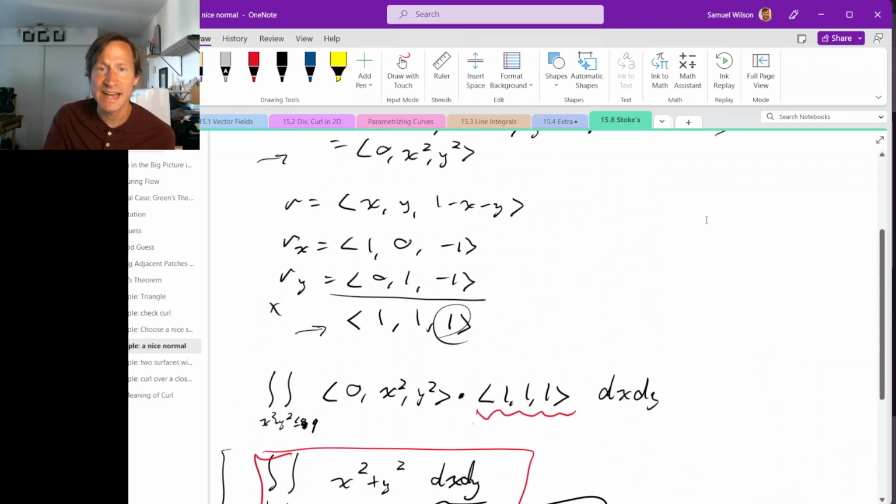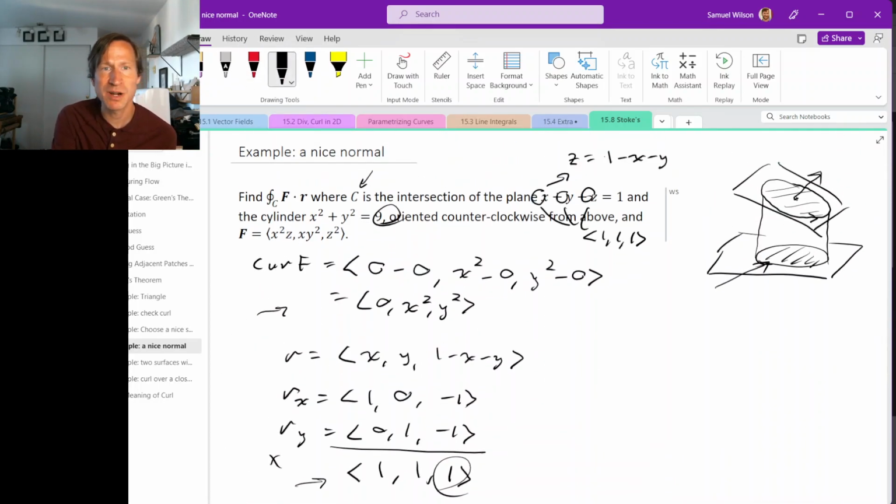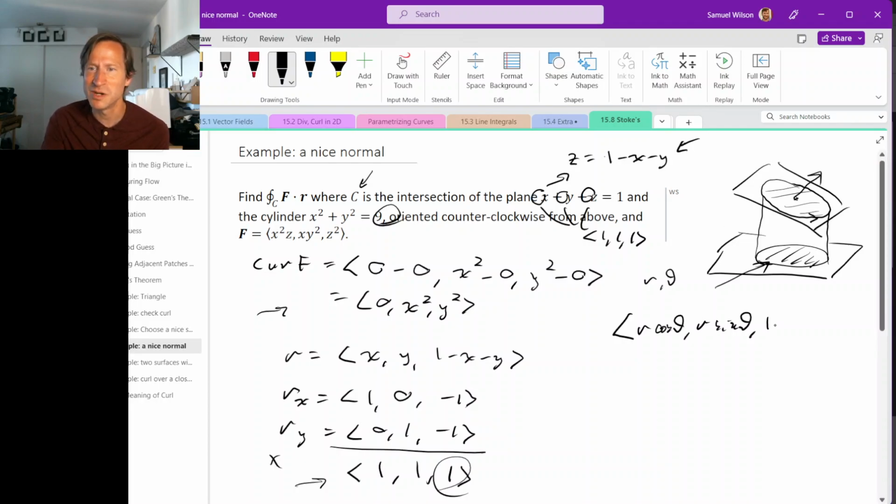At the very beginning, we used the graph parametrization. If we had used a different parametrization, say a parametrization inspired by polar coordinates from the very beginning, then using r and theta as our parameters, x would have been r cosine theta, y would have been r sine theta, and then z would still have to be 1 minus x minus y, so 1 minus r cosine theta minus r sine theta.